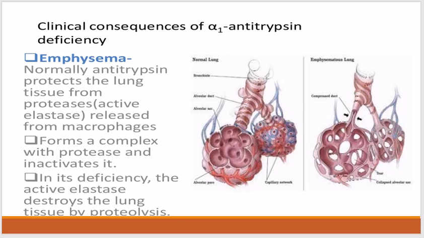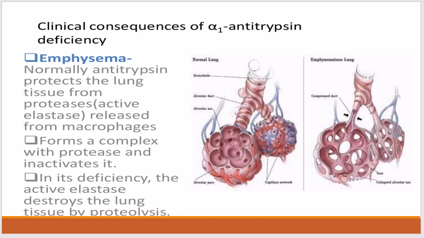The deficiency of alpha 1 antitrypsin occurs in protein losing disorders such as nephrotic syndrome, emphysema of lungs, and juvenile cirrhosis of the liver. So we will discuss emphysema here.